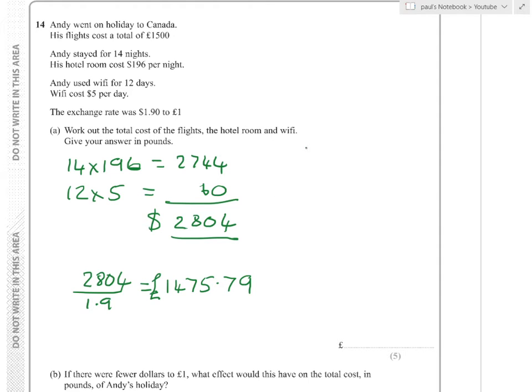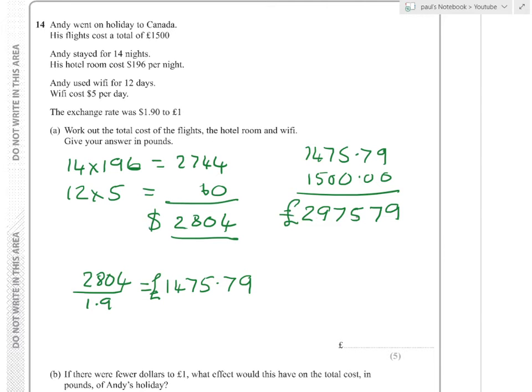Now the total cost is 1475.79. I'm going to add the flight, and the total cost is 975.79. Do they want that rounded up? Give your answer in pounds, rounded up? I don't think so.